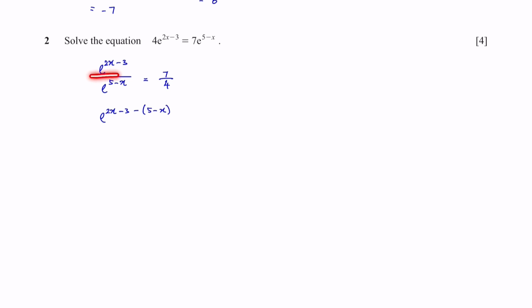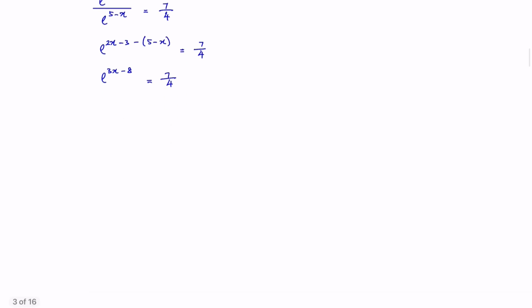Because this is a divide, right? So we subtract the indices. So for the right side, it's still 7 over 4. And we simplify the index. We have e to the power of 3x minus 8 equals 7 over 4.